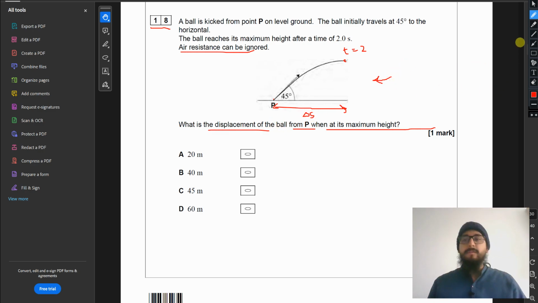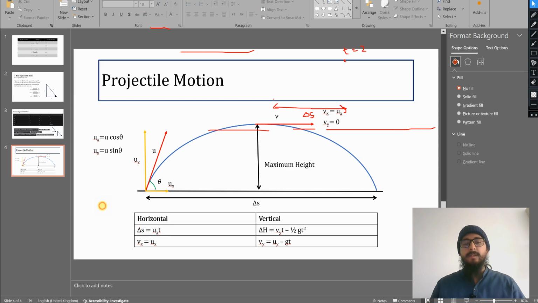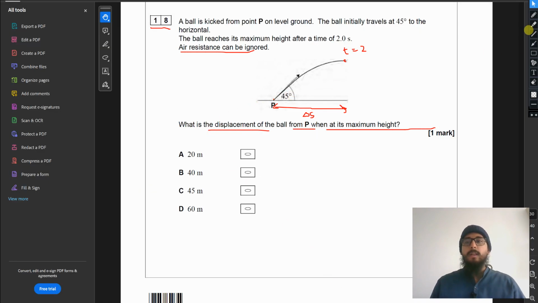From the summary of the equations, we saw that delta S is equal to uxt if the time is given. ux is the initial velocity's x component. So we have the time, delta S equals uxt. Now we only need to find this ux.